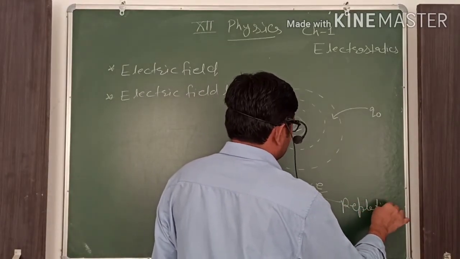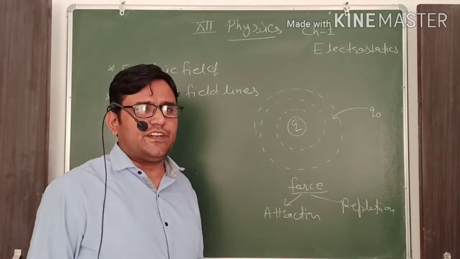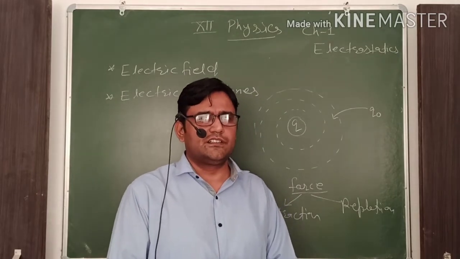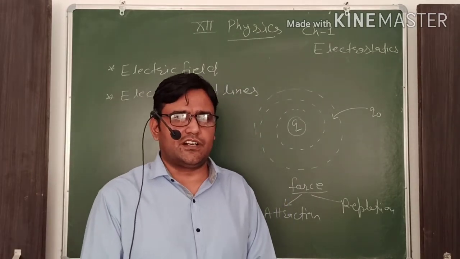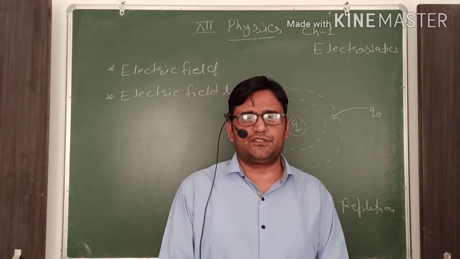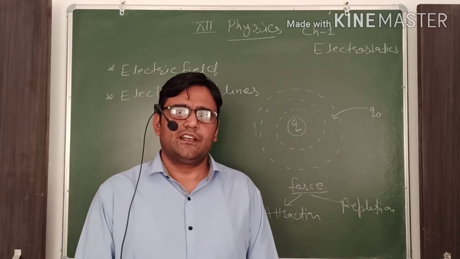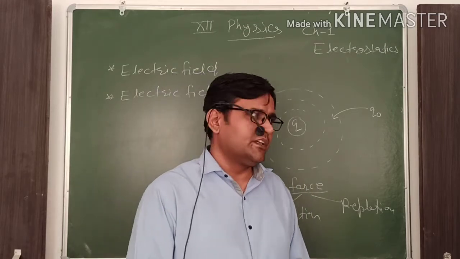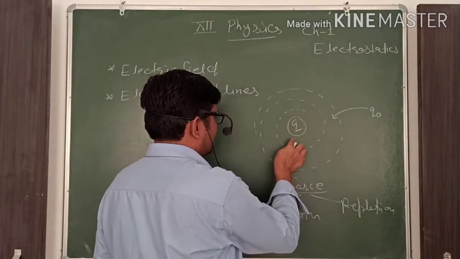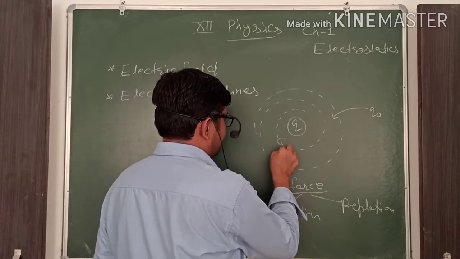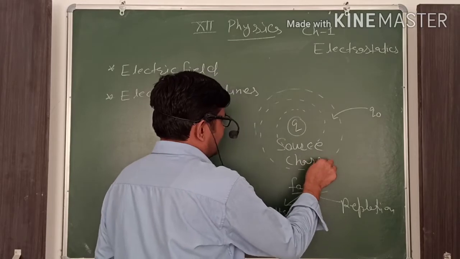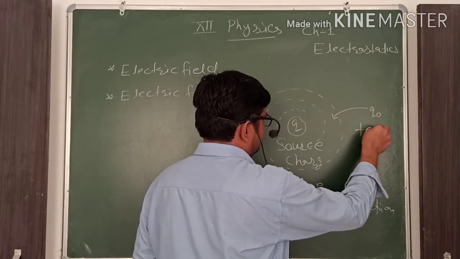So the electric field is defined as the region surrounding any charge, where any other charge moving into that region feels a force in terms of attraction or repulsion. Now, the generalized formulation: suppose this is the charge Q. This charge is considered the source charge, and Q naught is the test charge.